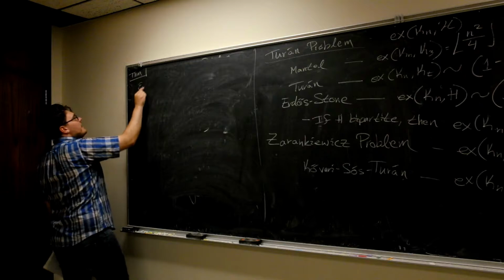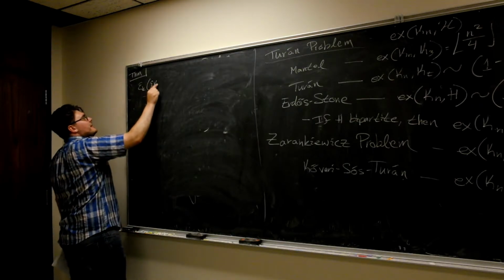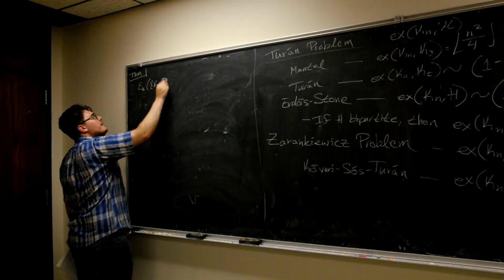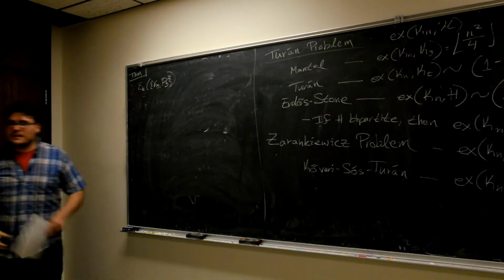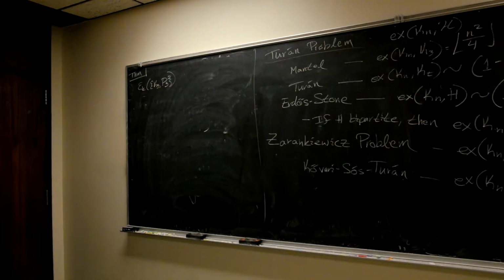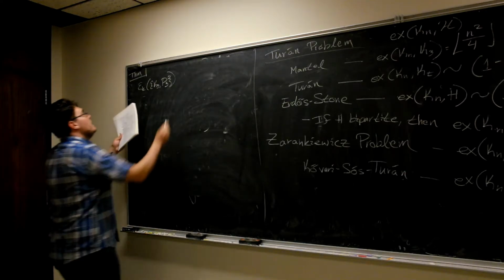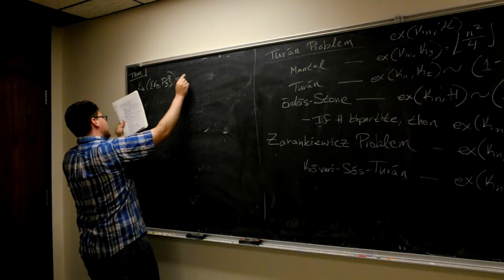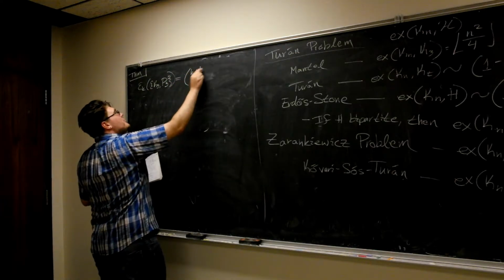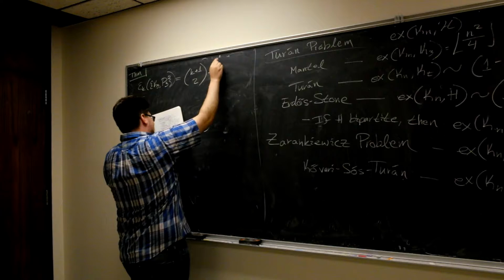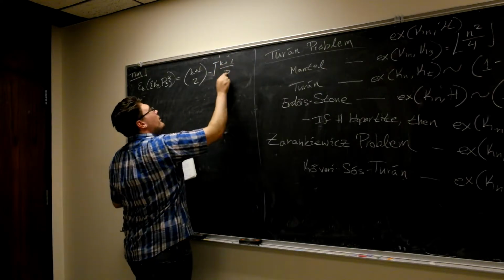So ex_k of K3 and P3. If I ask about this, I'm trying to say that I have no star packing that uses k edges. The largest star packing I have has at most k minus 1 edges. We can determine this answer exactly to be k plus 1 choose 2 minus the ceiling of (k plus 1) over 2.